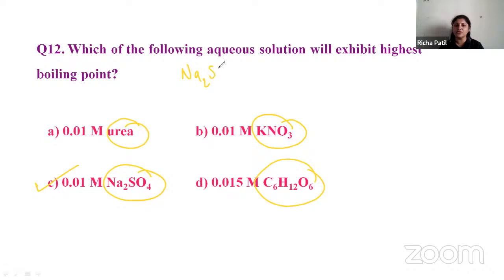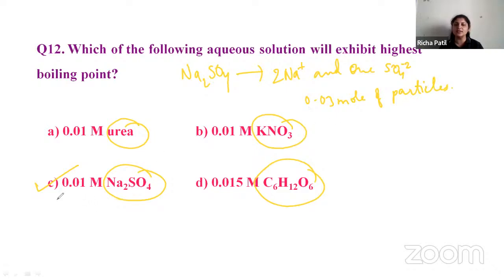See, Na2SO4, how many ions will it give? It will give 2 Na+ and 1 SO4 2-, right? So 0.01 molar Na2SO4 will give 0.03 moles of particles. And the other solutes will give a lesser number of particles.